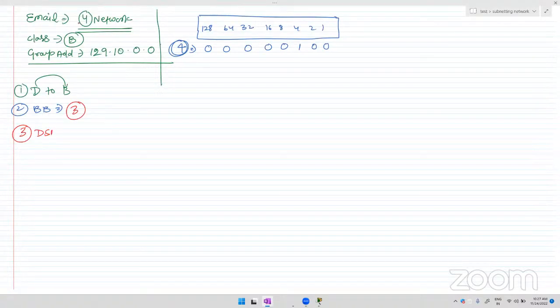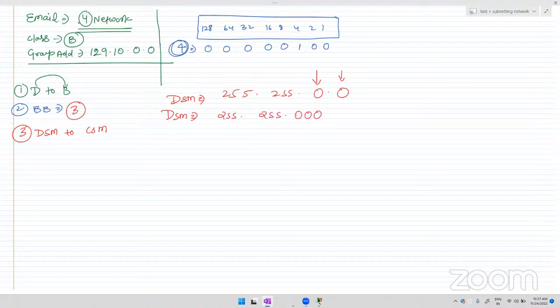Third step: DSM to CSM. So the class B default subnet mask is 255.255.0.0. This one is 8-bit, this one is 8-bit. How to represent? 255.255 dot 1 2 3 4 5 6 7 8 1 2 3 4 5 6 7 8. Which concept are we doing? Network, so that means on. How many bits on? 3 bits. First we need to fill the third octet or the fourth octet?